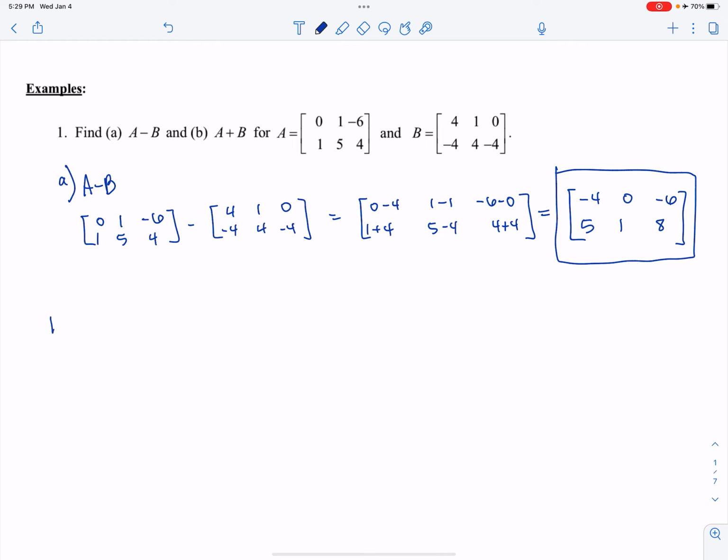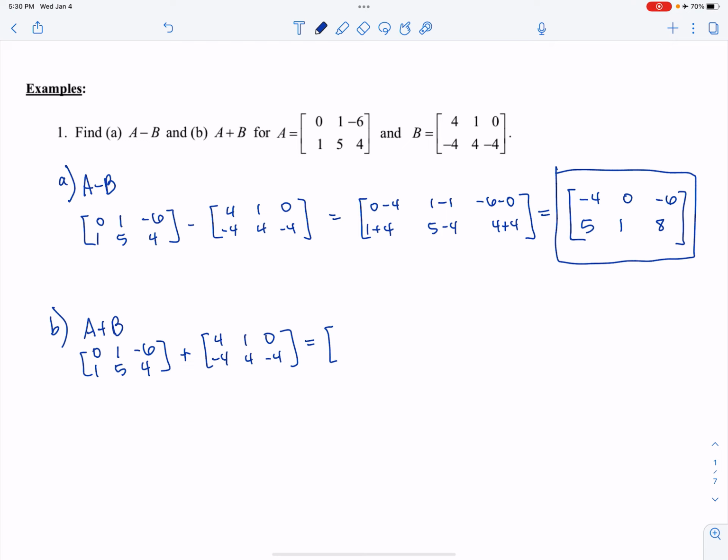And then we're going to do A plus B. So we have 0, 1, negative 6, 1, 5, 4, plus 4, 1, 0, negative 4, 4, negative 4.